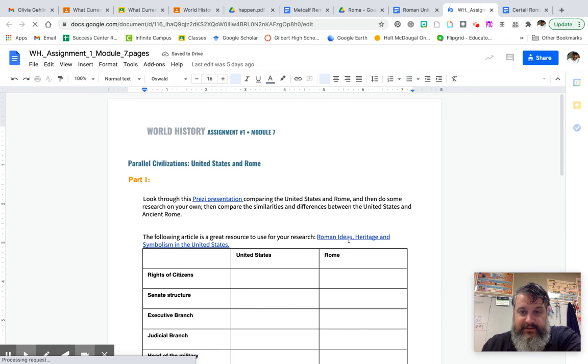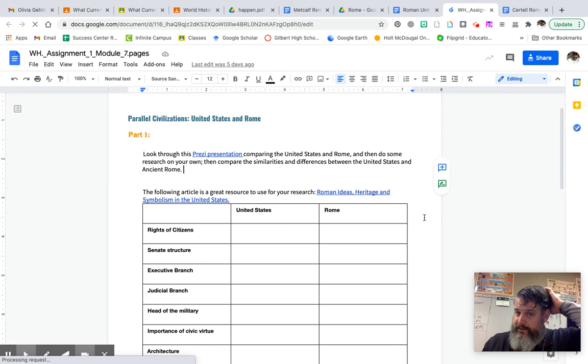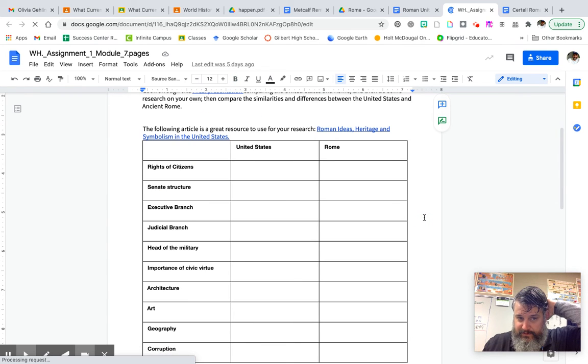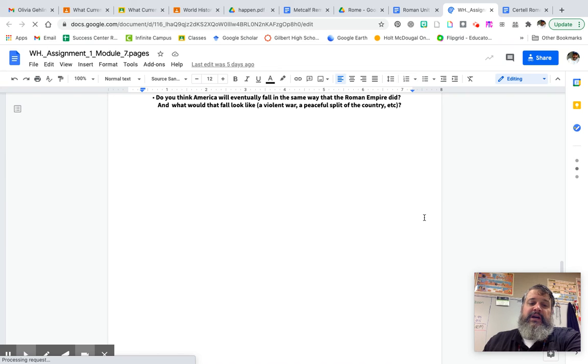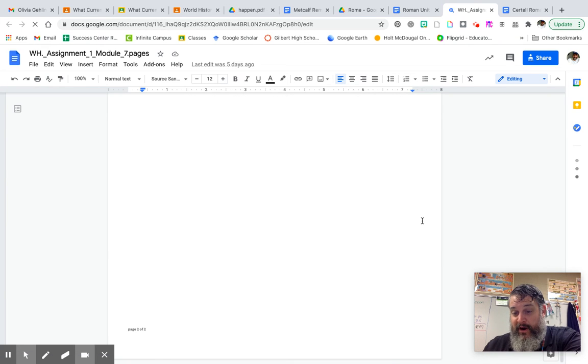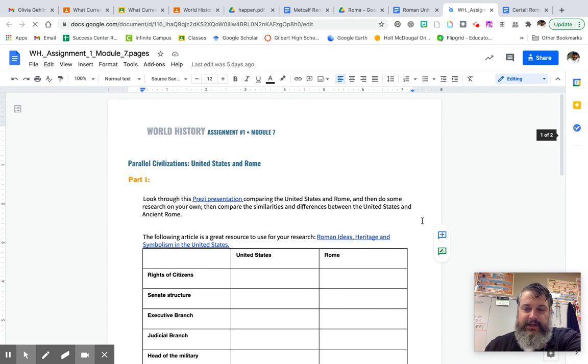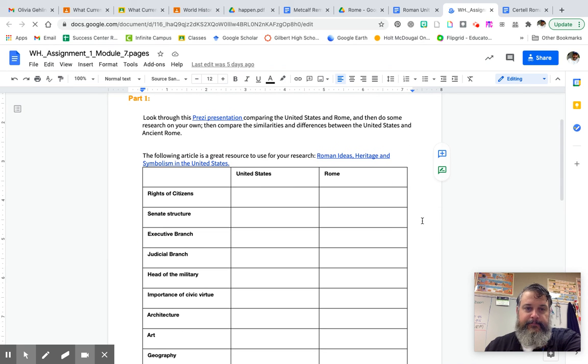And then this article here, which is actually a pretty good article. Then put some comparisons and contrasts in this chart. Just part 1, though. That's what you need to do for today.